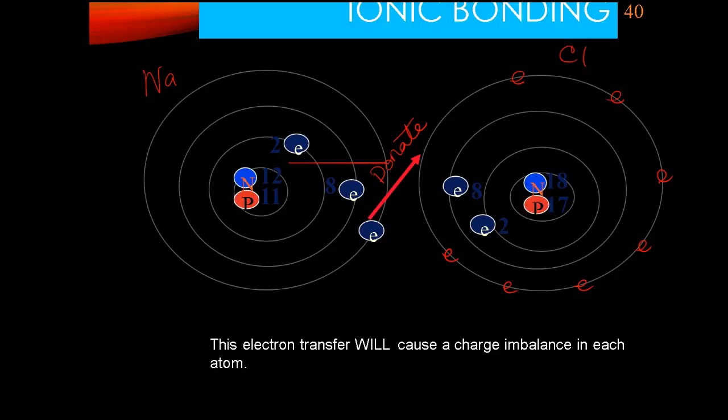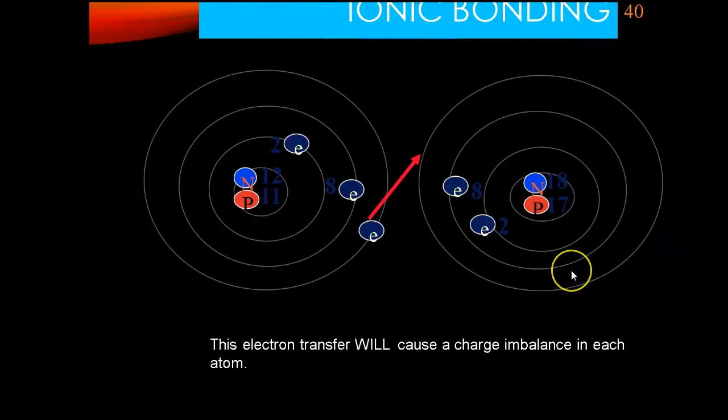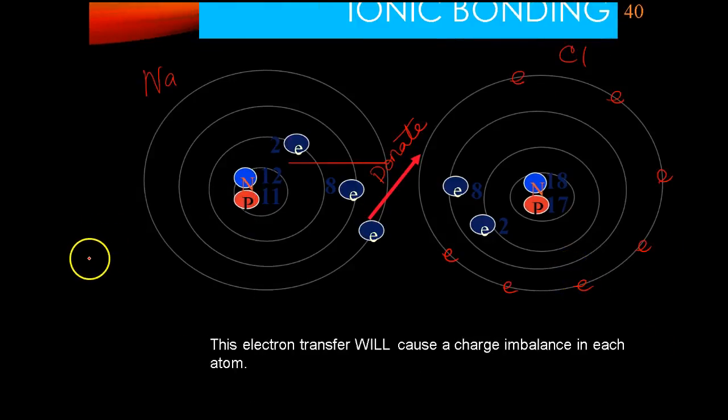Why would there be a charge imbalance? Because if you remember, and I'll just do one of them and you'll get the picture for the other one, sodium had 11 protons, and he also had 11 electrons.